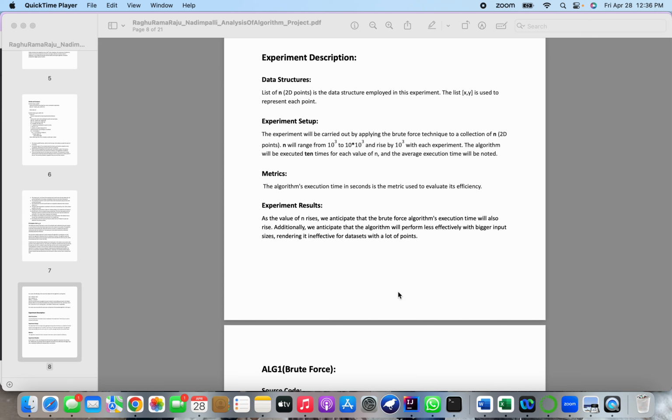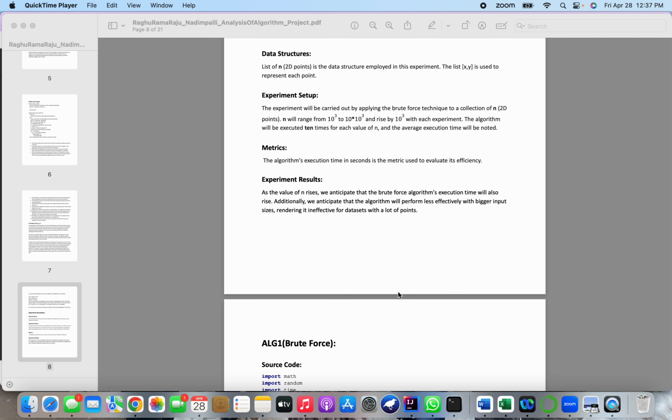For example, if we have a set of 4 points with the coordinates 1 2, 3 4, 5 6, 7 8, the array will include all 4 points. So the first point will be 1 2, and the second point will be 3 4, and so on.